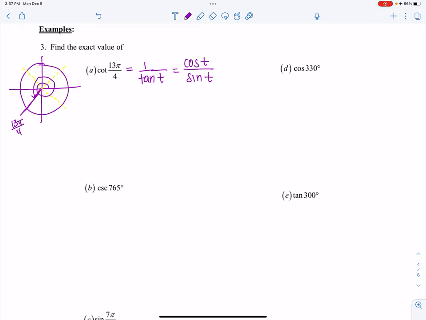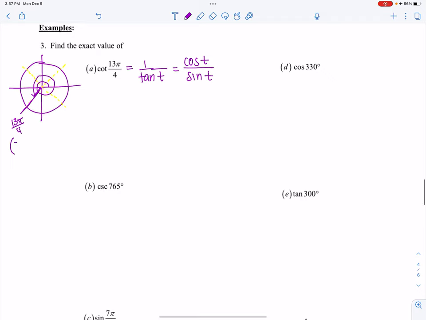Now, like I said before, memorizing our values at these main angles is super duper helpful, because now I know that my coordinates are negative root 2 over 2 and negative root 2 over 2, because that's one of the big 45s. Now what do we do with this? Well, we plug it in.